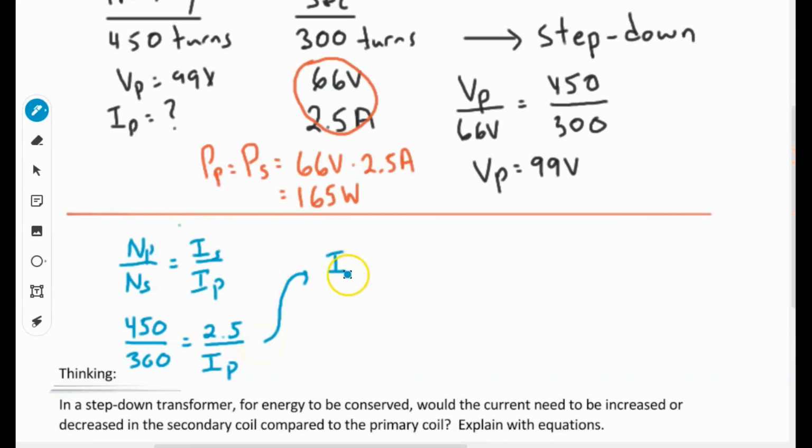So I primary will equal 300. That's a terrible 3. Here we go. 300. Still a terrible 3, but all right. Times 2.5 amps, divided by 400.